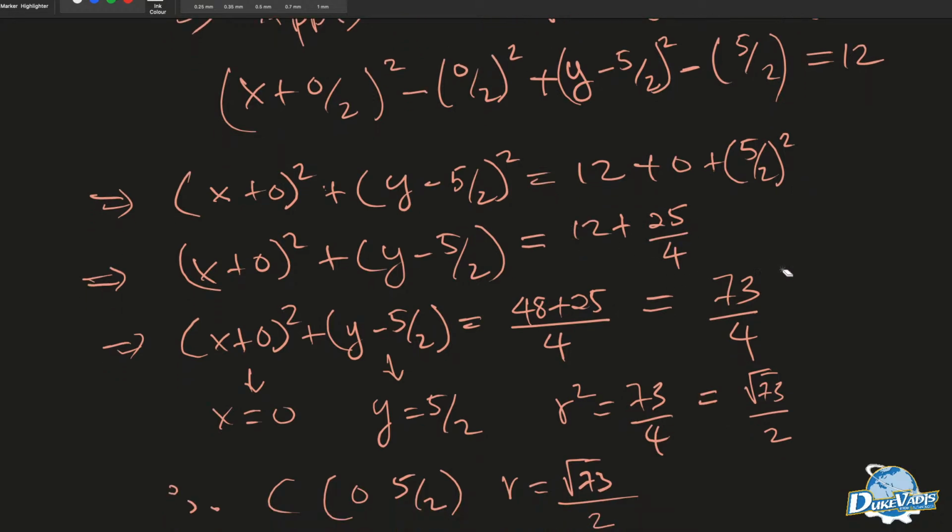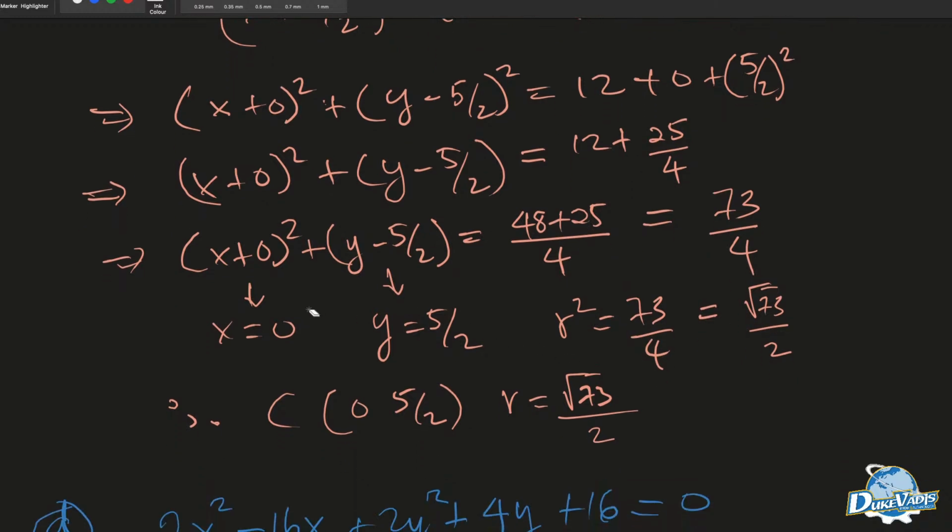When we compute this one, we have 48 plus 25, that's 73 over 4. So after that, we know that x is equal to 0, y is equal to 5 over 2, and r squared is equal to 73 over 4. Then we take the square root of everything, then we're going to get root 73 over 2. So the center becomes (0, 5 over 2), and r equals that.